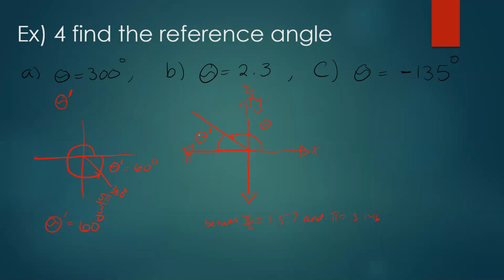To find that angle, theta prime, the reference angle, if this whole thing is 180, it would be pi minus 2.3. So that's about 0.8416. Okay.